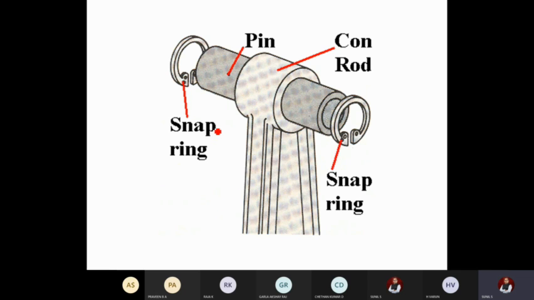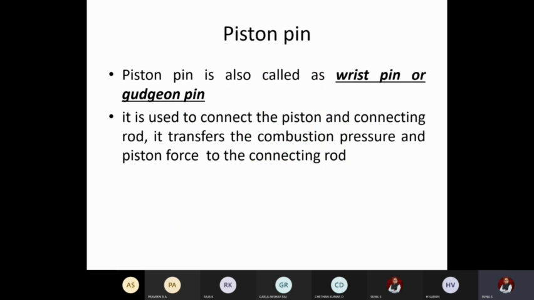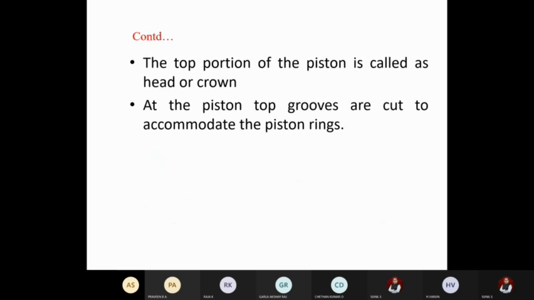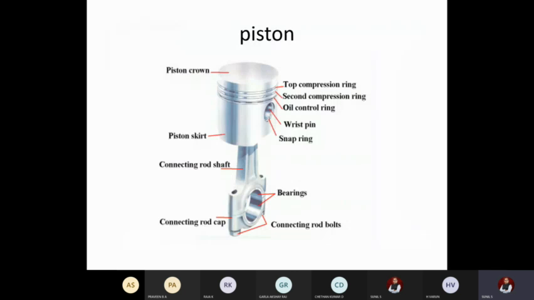In the earlier sketch you have seen, just one second. In this sketch I had shown you here, this is actually the piston. Here you'll have a piston pin or a gudgeon pin. This is the connecting rod. The connecting rod will be inserted with the help of this pin.